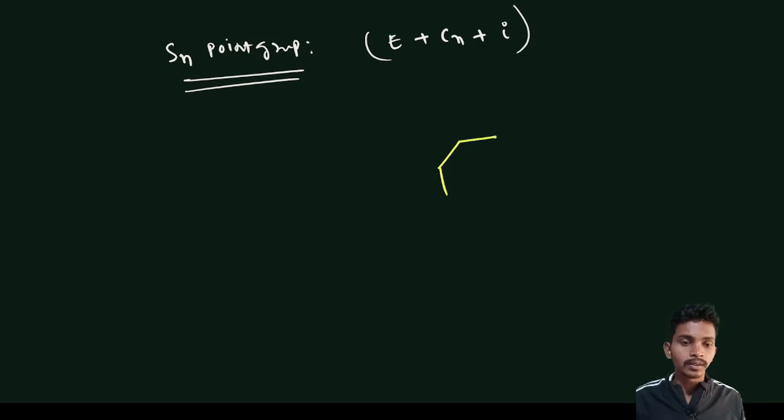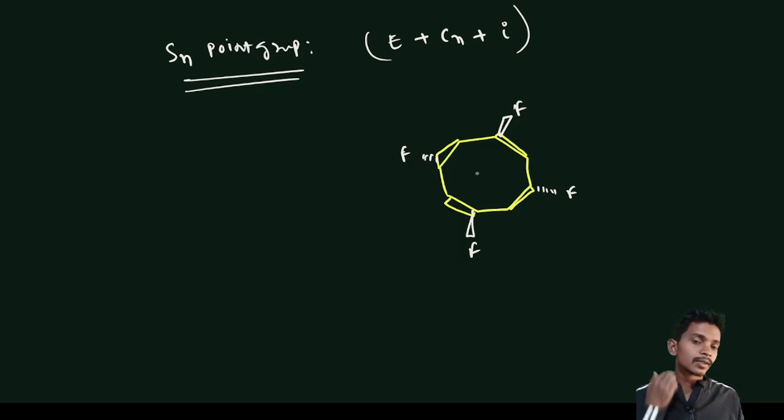Okay, so now if I draw here, I leave one. So now what I do, here F, then here F, then I will draw here F, then here F. So this is the point group here, and in this point group no sigma plane is present.